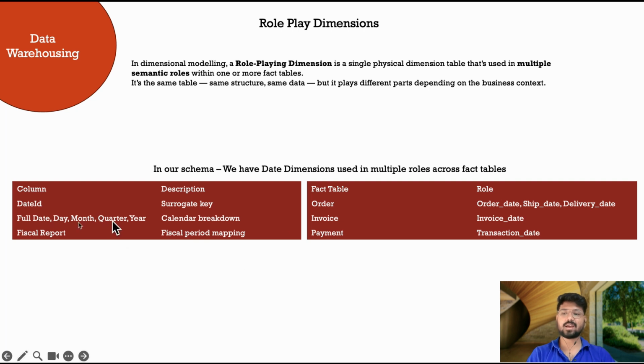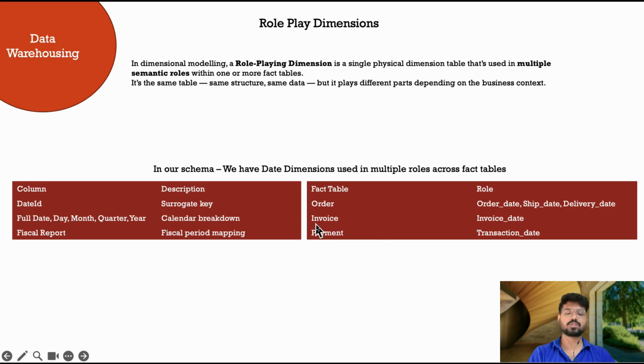We have our date dimension: date ID, full date, day, month, quarter, year, fiscal period in our example. And this particular date is used in order fact table, invoice table, payment table. If I talk about the order fact table, here you can see the roles: order date, ship date, delivery date. So it plays three different roles in the order table, that is order date, ship date, delivery date.